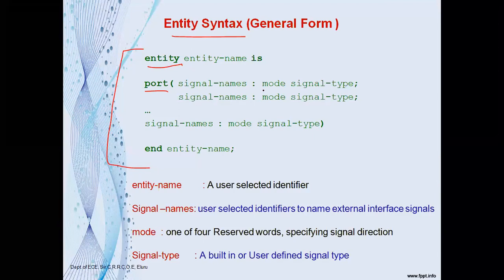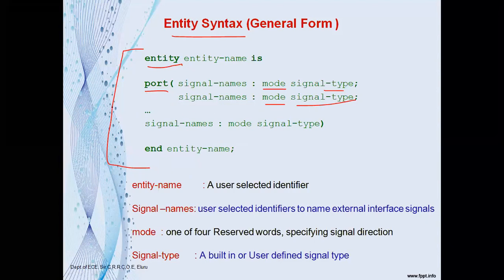Then comes port, and the signal names, and for the signals we have two things here. One is the mode of the signal and the other is the type of the signal. So whatever input and output signals we specify, they are distinguished by the mode of the signal and the type of the signal. We specify the number of inputs and outputs using this port reserved word.